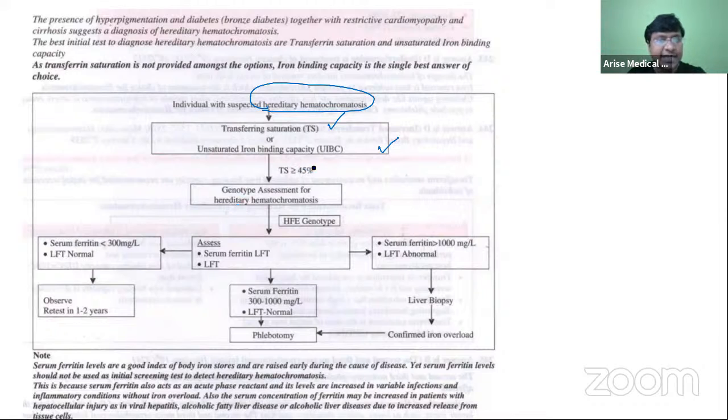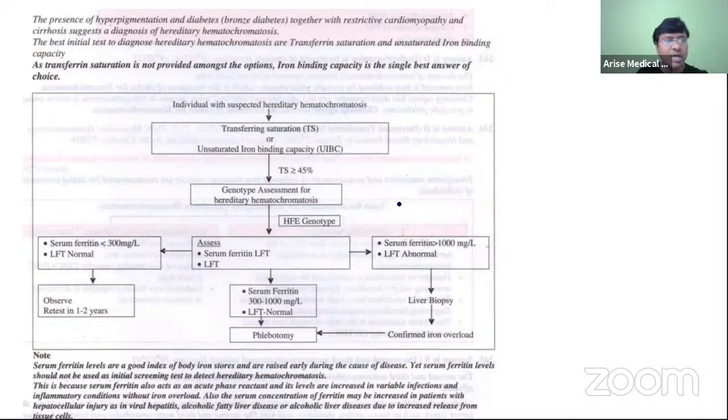If transferrin saturation is more than or equal to 45%, then the next step is you have to do the genotype analysis. And once you do a genotype analysis of the HFE gene, if the genotypic abnormality is there, then you need to confirm it is hereditary hemochromatosis.